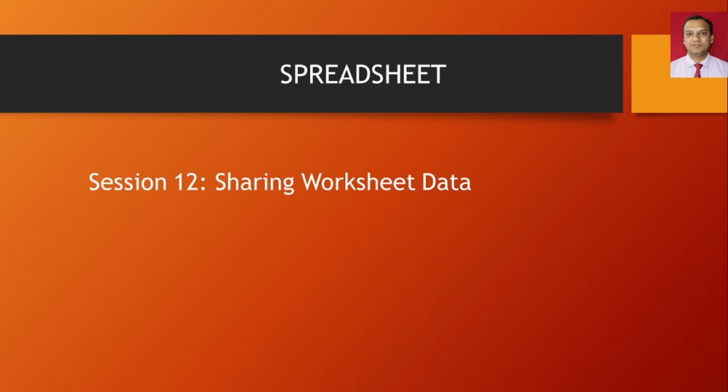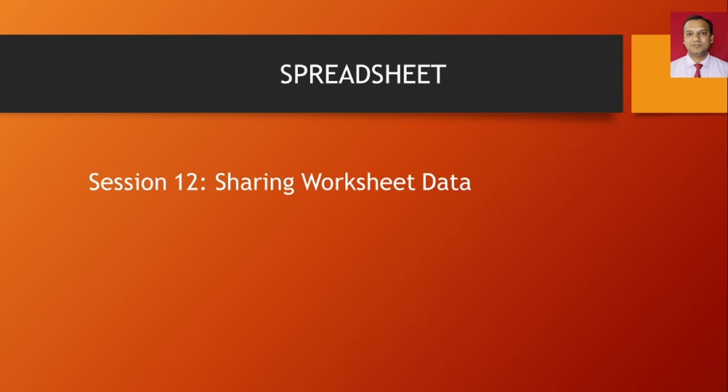So in this manner, your task would be divided and your time is saved because that particular workbook is now being accessed by different members of your team. So how you can share your worksheet data with your team members, this I am going to show you today.